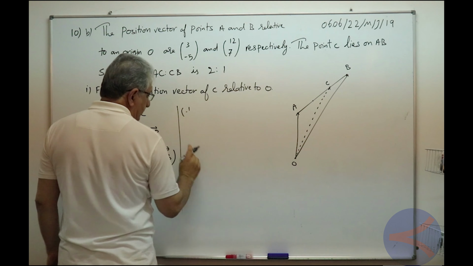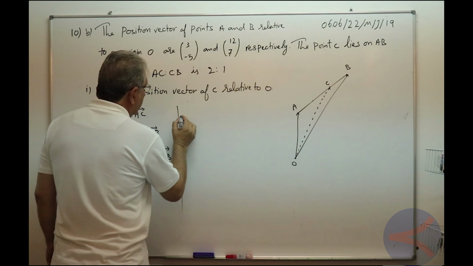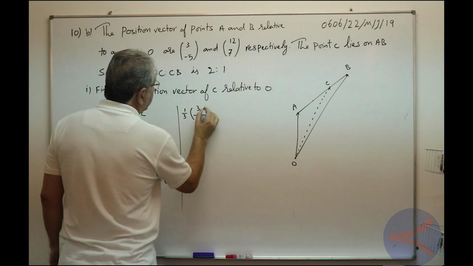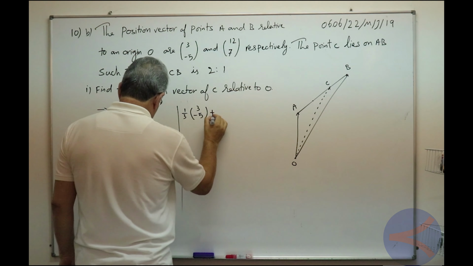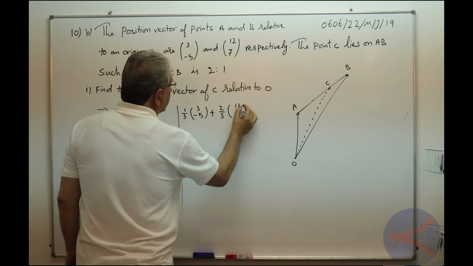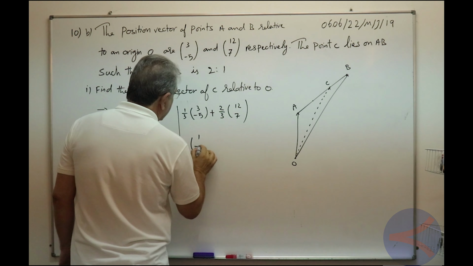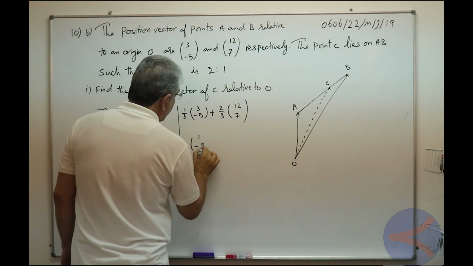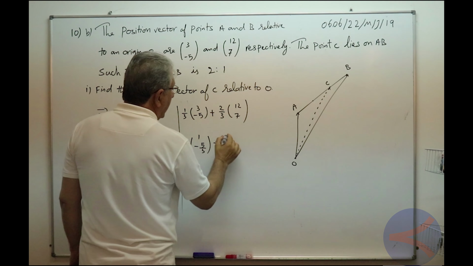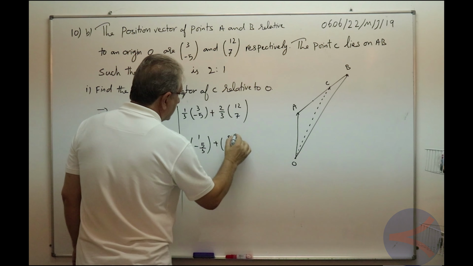Therefore, it is 1/3, OA is 3 minus 5 plus 2/3, 12 and 7, which will be equal to 1 minus 5/3 plus 8/14/3.